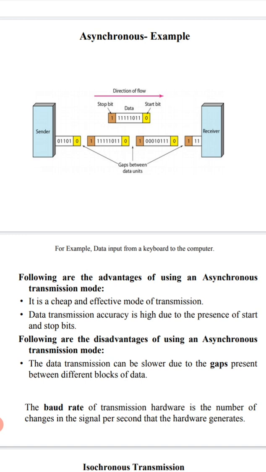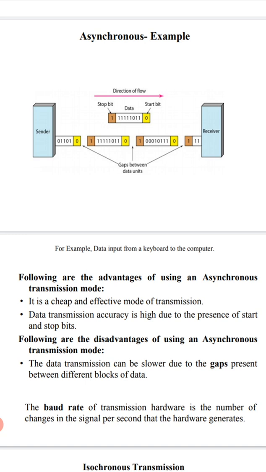Okay. So here is one example to represent the start bit and stop bit. The data, there's one information that consists of 11111011. Here the stop bit is 1, start bit is 0. Thus the start bit is defined by 0. So each and every byte has one start bit, one stop bit and data.